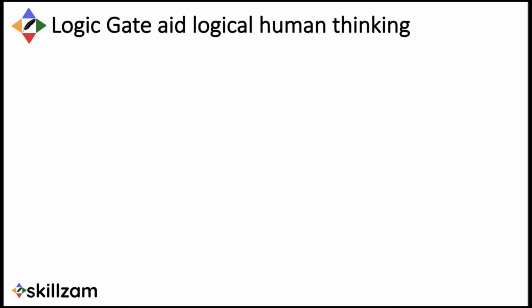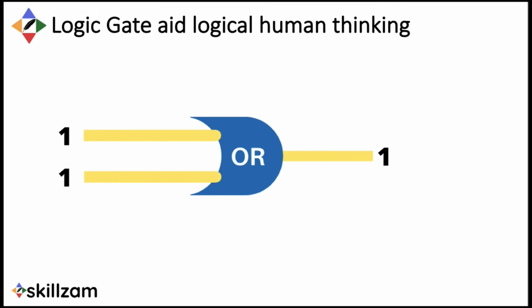Logic gates aid logical human thinking. It might help you to think about what these gates can do in human speech. Consider this OR gate. The first input represents "I know to bat," the second input represents "I know to ball," and the output represents "I can play cricket."